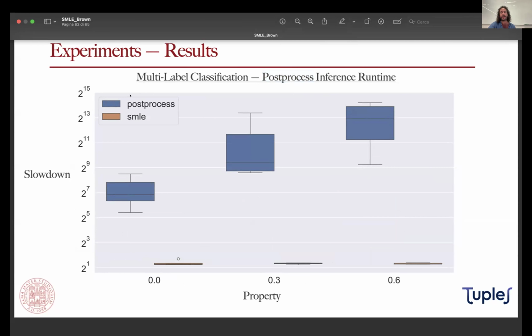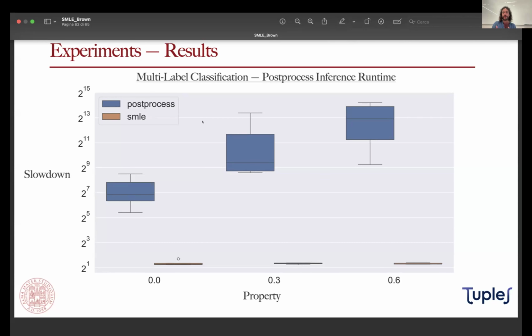And in particular, I am reporting post-process against SMLE in seconds, the relative runtime to pre-process, okay? So pre-process is the fastest model, okay?